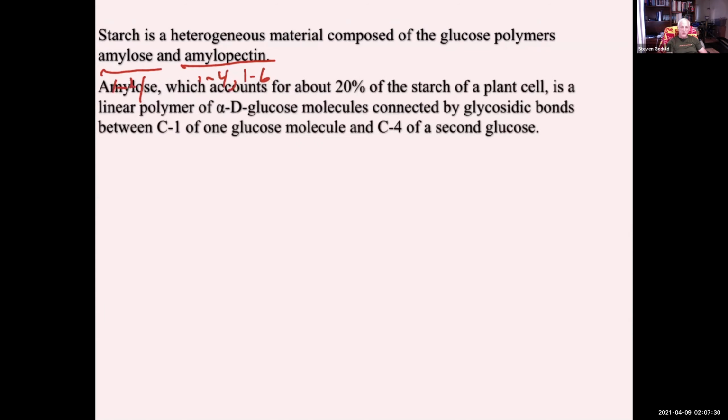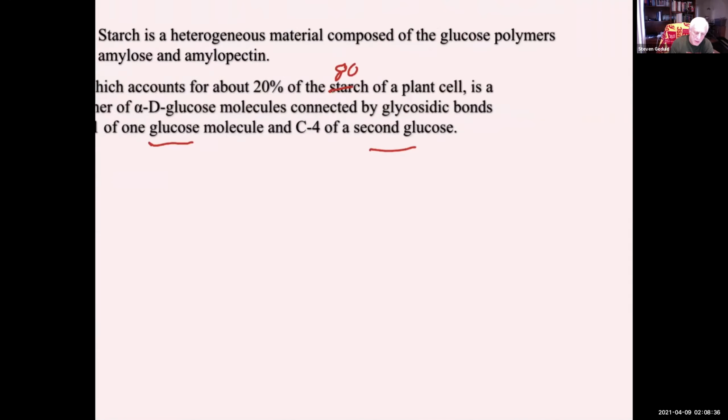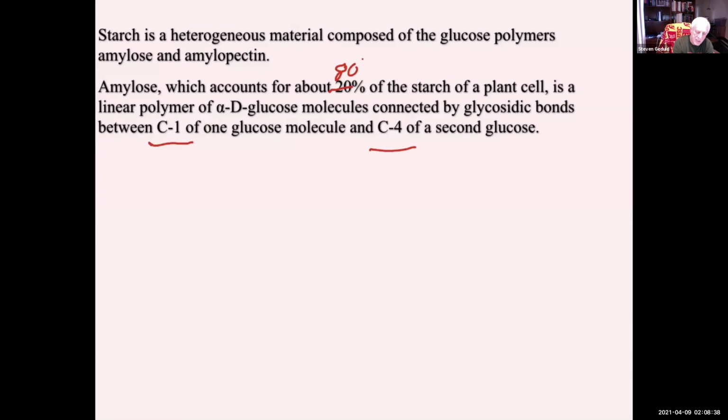So amylose accounts for 20% of the starch of a plant, and it is a linear polymer of alpha D-glucose molecules connected by C1 and C4 of the second glucose. And amylopectin accounts for the rest. It's a C1, C4 alpha, a 1,4 linkage between the two glucose molecules.